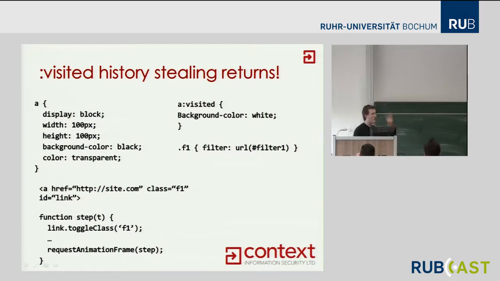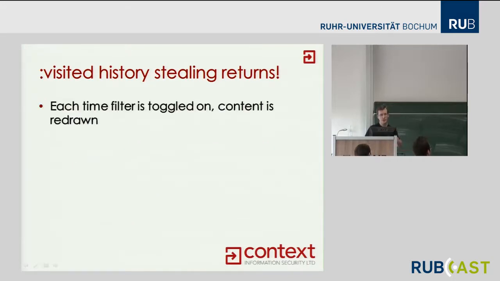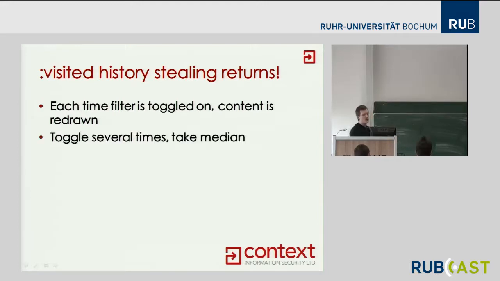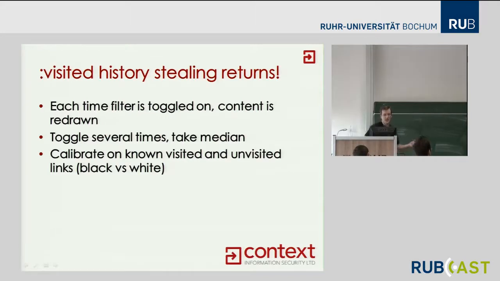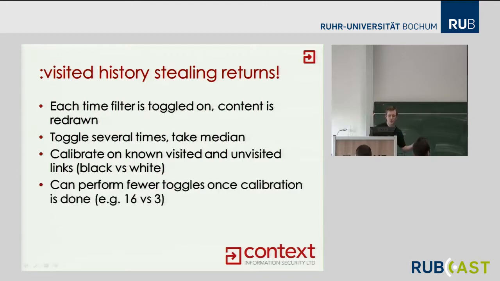So we do this several times and collect the timings like we saw with the frame snipping. The element's redrawn each time we toggle it. We can take the median. And again, we can do this calibration on a link that we know is visited, that we know will be white, and an element that we know will be black that's not visited, to tell what the two timings will be.